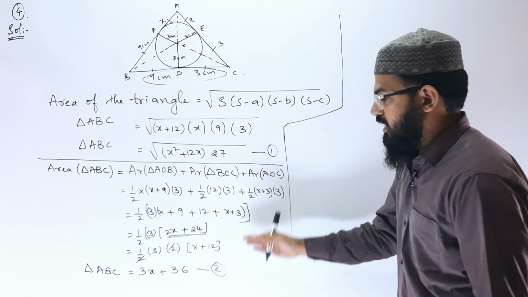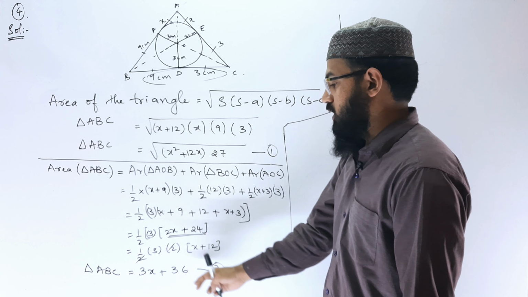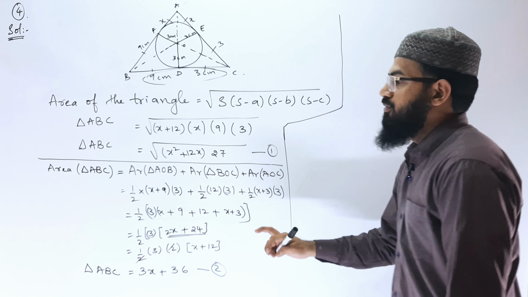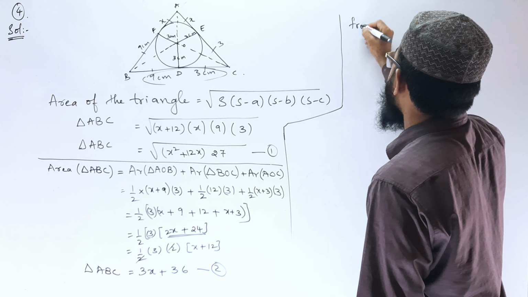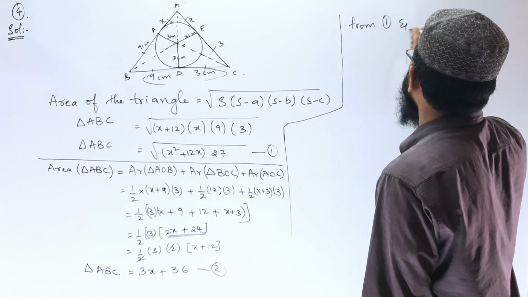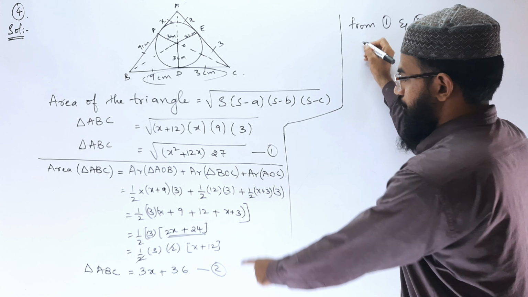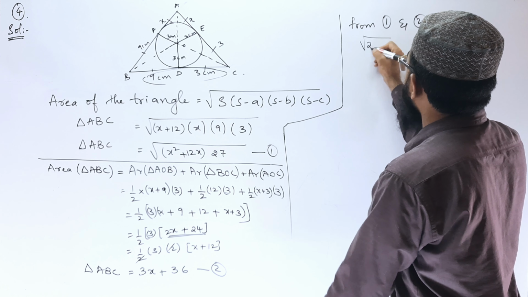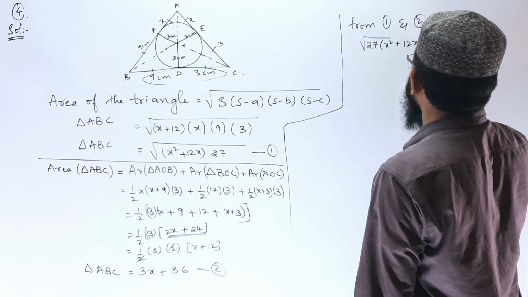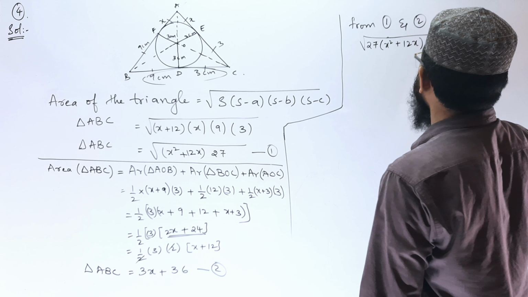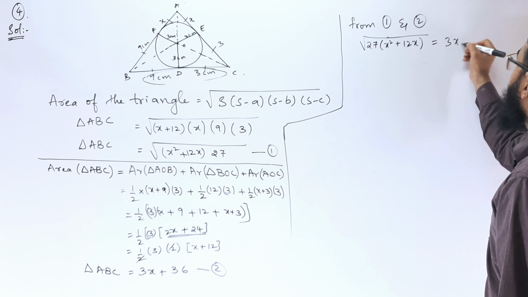From the first and second equation we can see that this is also area of the triangle ABC and this is also area of the triangle ABC. That means both are equal. So let us write from 1 and 2: root 27 into x square plus 12x is equal to 3x plus 36.